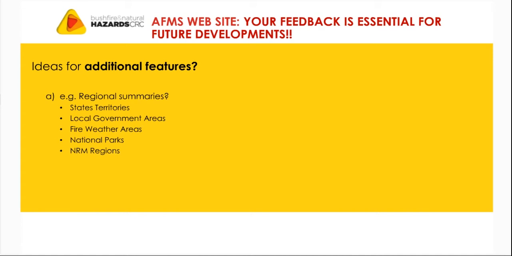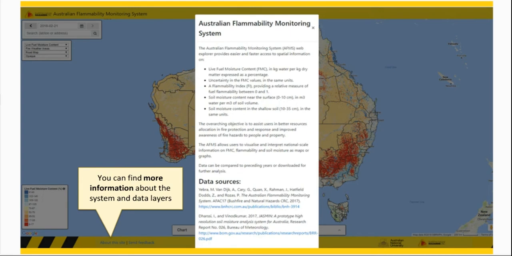There's another question there from Adam. What's the opportunity for verification using direct measurements? Okay. The model has been validated using fuel moisture content measurements around Australia, and some preliminary analysis and results are in the reference I show here. The full validation is in press now, so it's going to be published soon.